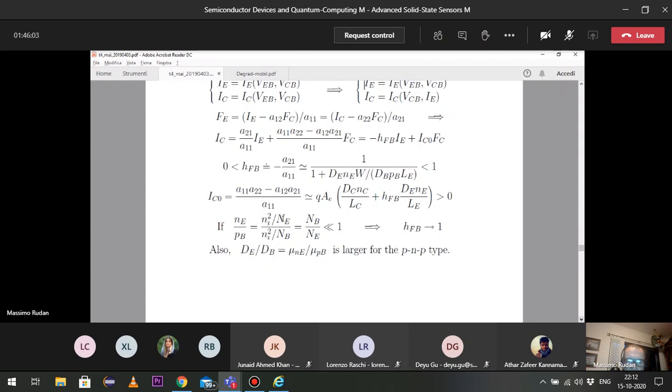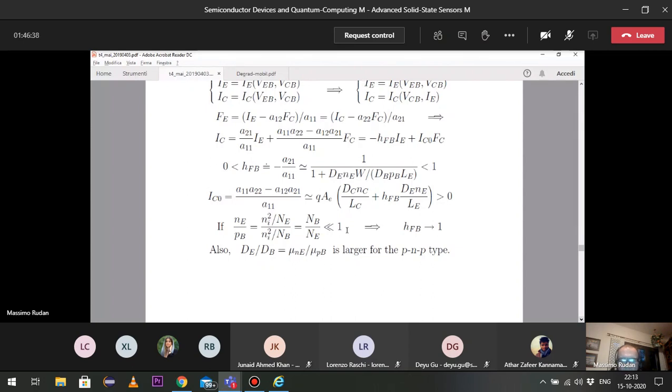So it is sufficient that we dope the emitter much more than the base, in order to have NE much larger than NB, and we have this ratio much smaller than 1. So this is the explanation of why we dope the emitter much more than the base: in order to get a current gain as close to 1 as possible.